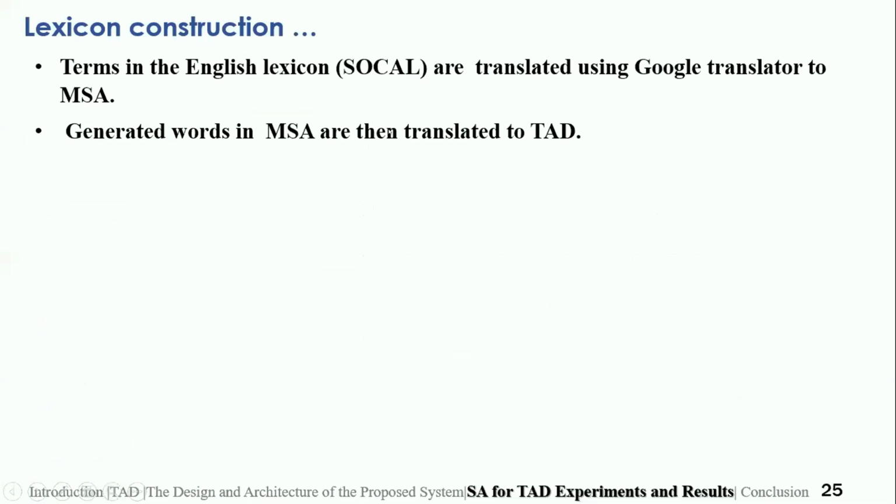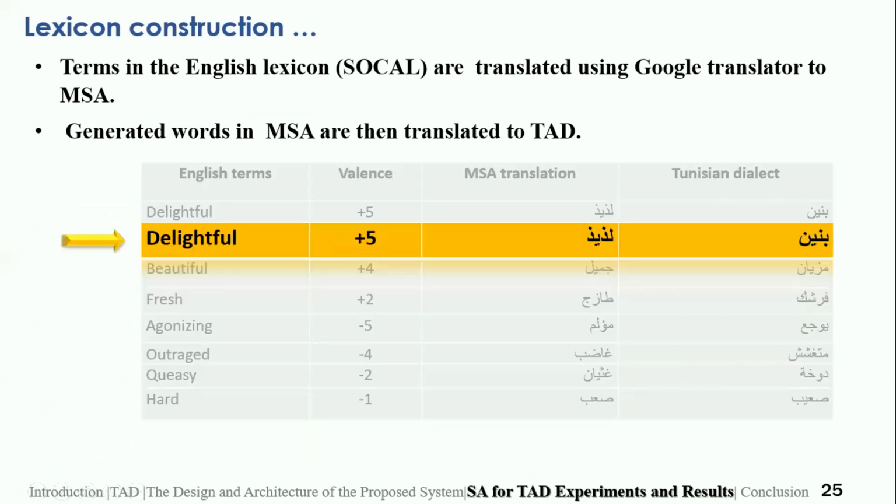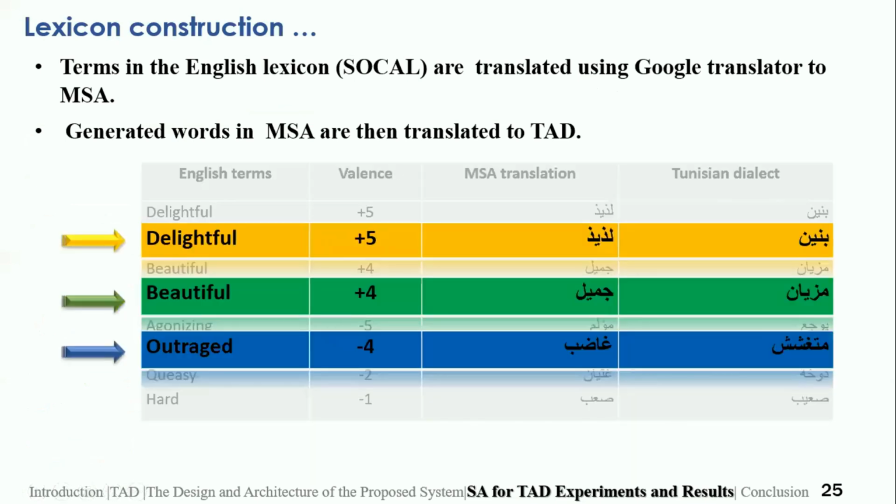Terms in the English lexicon are translated using Google Translate to MSA. Generated words in MSA are then translated to Tunisian. For example, the word beautiful with a valence of +4 means in MSA jameel and in Tunisian mzien.